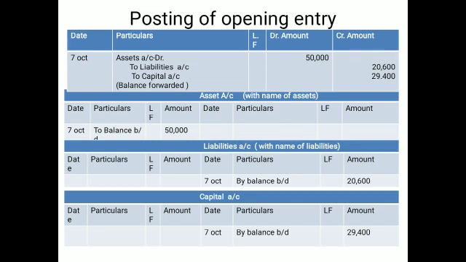Both totals will lead to 50,000. Debit total always equals the credit total. So the asset is to be debited with the balance brought down of 50,000, and the liability is to be credited by the balance brought down with 20,600, and the capital will start with the balance brought down with 29,400 as listed in the opening entries.